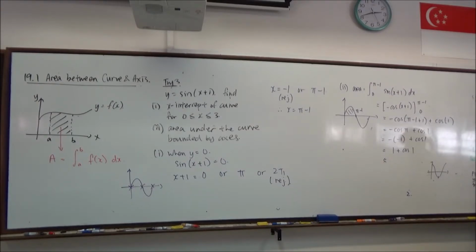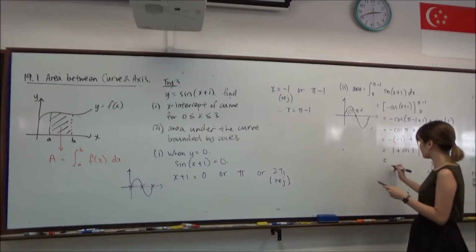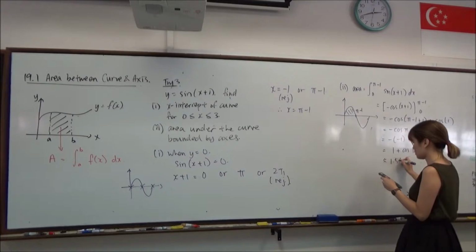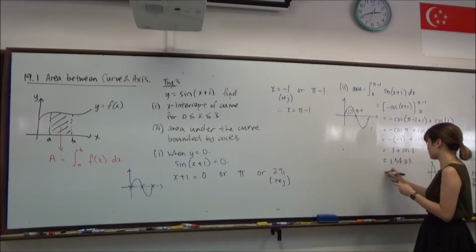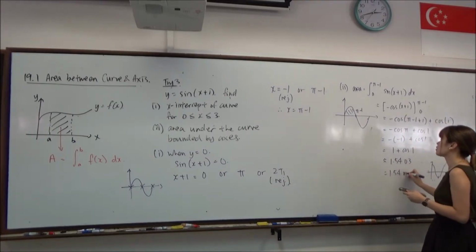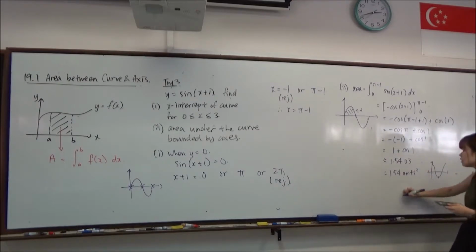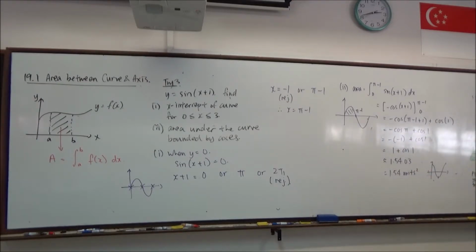Radian. Okay. We get about 1.54 units squared. I know that in your textbook you get about 2. The answer given, oh, it's not given already. Say 1.54.